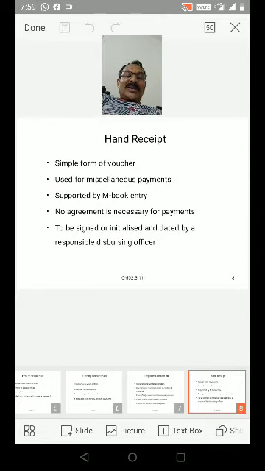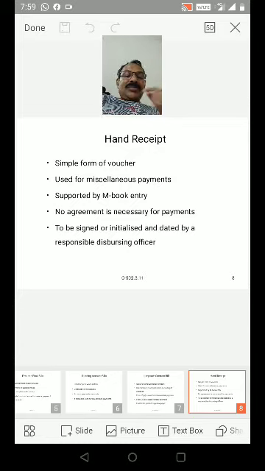No agreement is necessary for payments, to be signed or initialized and dated by a responsible disbursing officer.